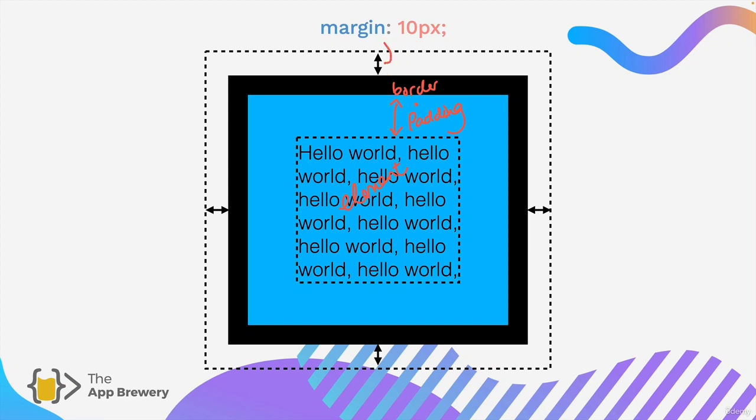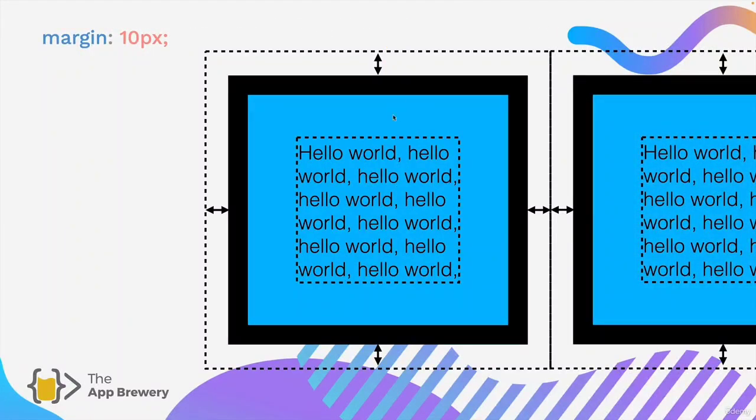So in this case, we've added a margin of 10 pixels on all 4 sides. If you imagine we had 2 elements, each with the same padding, margin, and border, then this margin, or this distance between the 2 elements, in this case will actually be 20 pixels, because it's 10 pixels from this side and 10 pixels from this side.